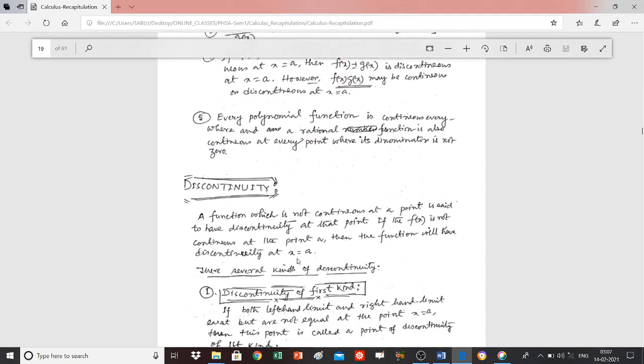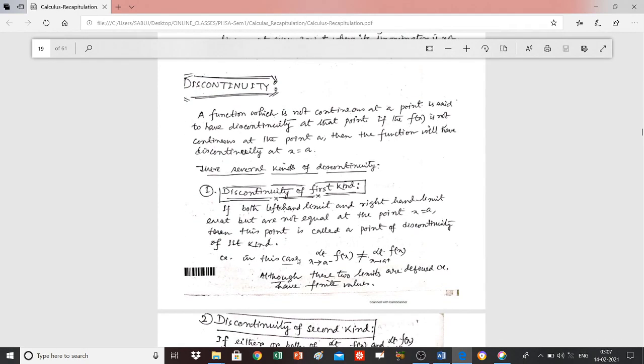So now come to discontinuity. What is discontinuity? We already learned the condition for a function to be continuous: the left hand limit and right hand limit should exist, be equal and have finite values, and those finite values should be equal to the value of the function at the point x equal to a.